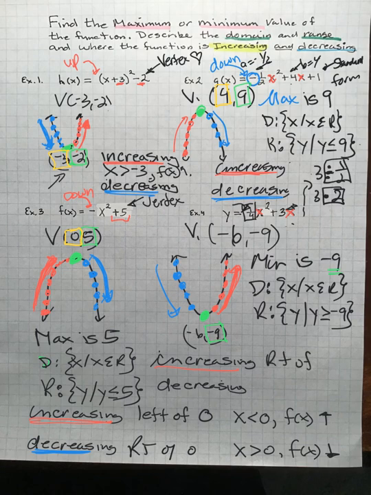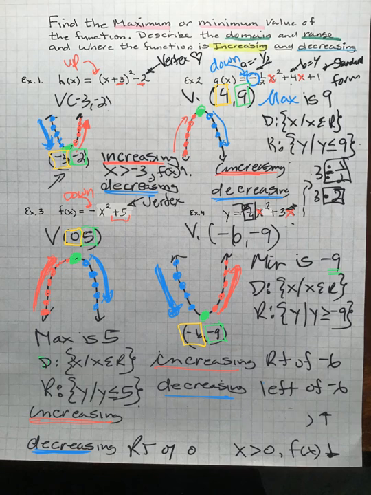And so instead of saying right of the vertex, we're going to say right of negative 6. And when is it decreasing? It is decreasing to the left of the vertex. And instead of saying vertex, we're going to say negative 6.